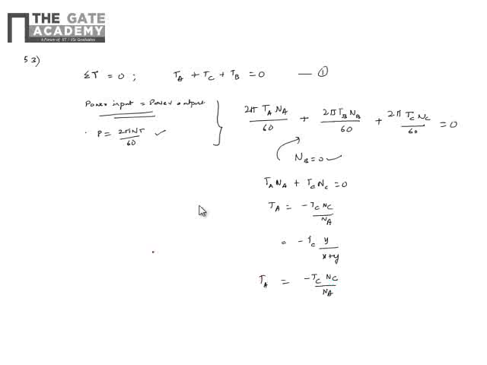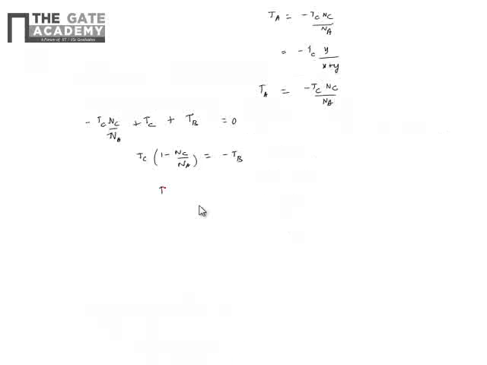Now if I substitute this in equation 1, I get TB plus TC minus TC NC by NA is equal to 0. I need to find TC, so TC times 1 minus NC by NA is equal to minus TB. So minus TB goes in the numerator, and that becomes NC by NA minus 1.